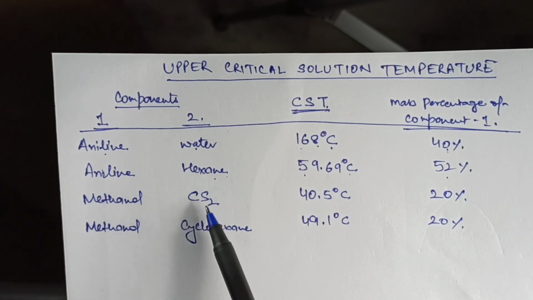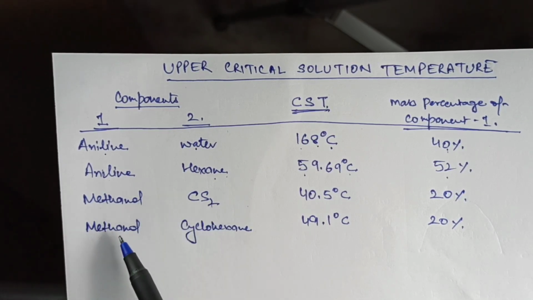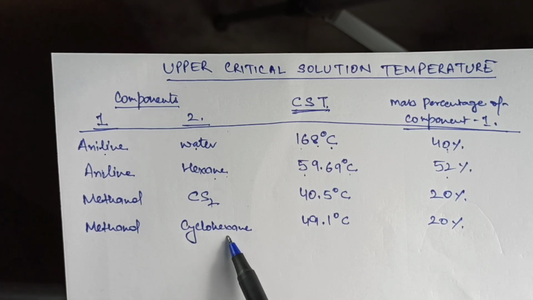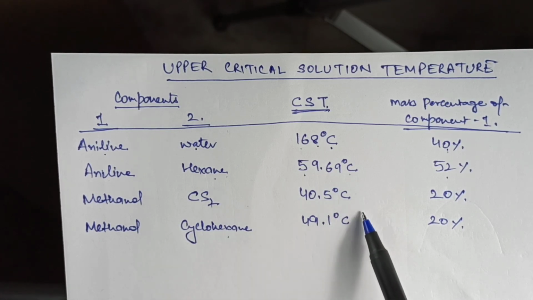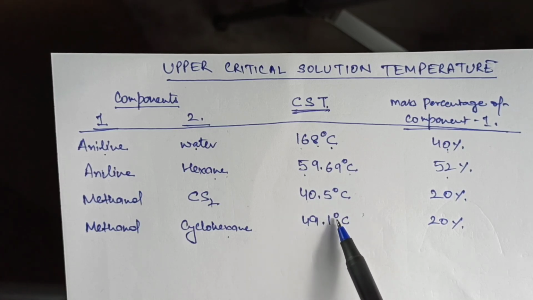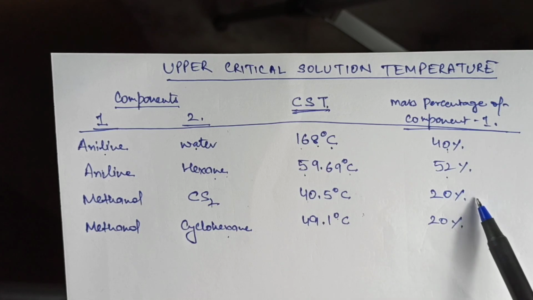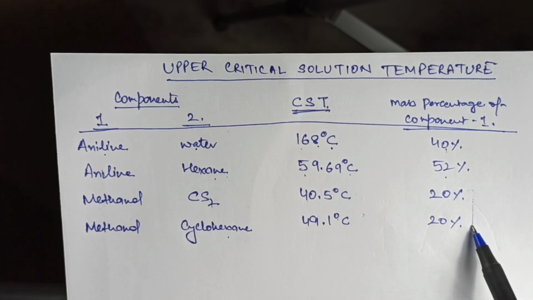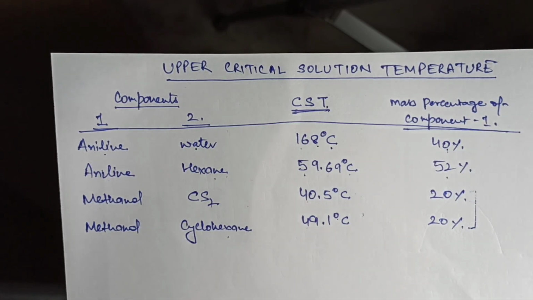Similarly, the methanol and carbon disulfide system and the methanol and hexane system have critical solution temperatures of around 40.5 degrees Celsius and 49.1 degrees Celsius respectively, with a methanol composition of around 20% in each solution.